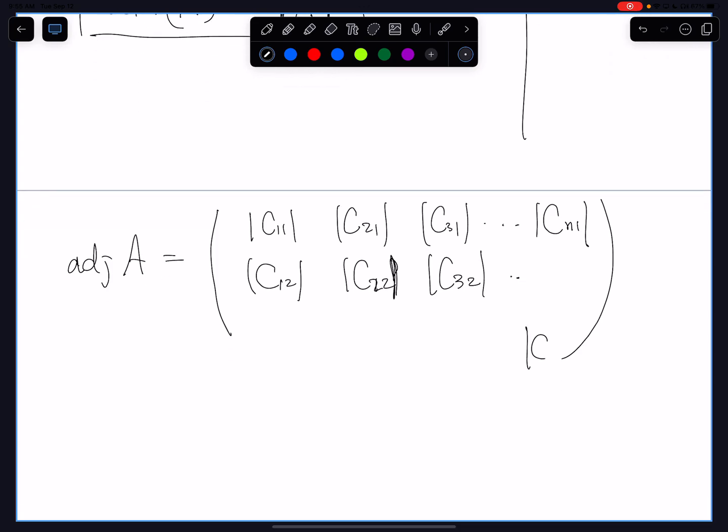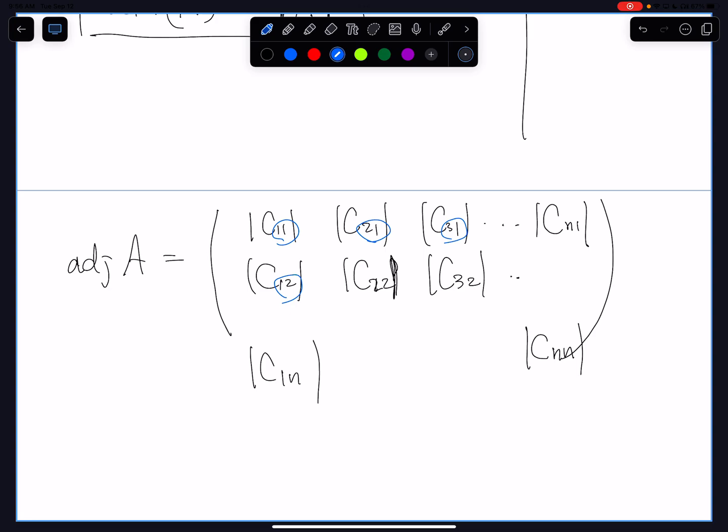Here will be CNN, and here is C1N. As you noted here, the indices are reversed. Can you see that? So for the second row, first column element, we're taking the cofactor of the first row and the second column.